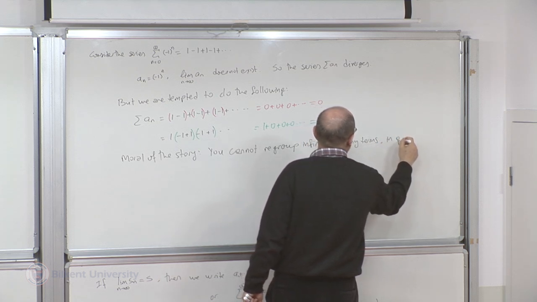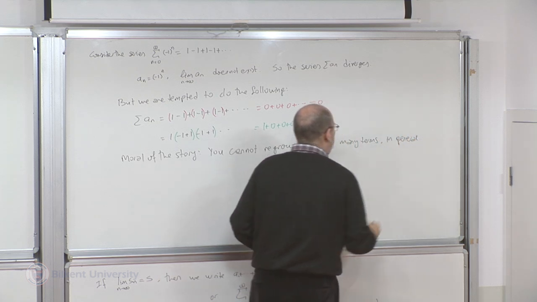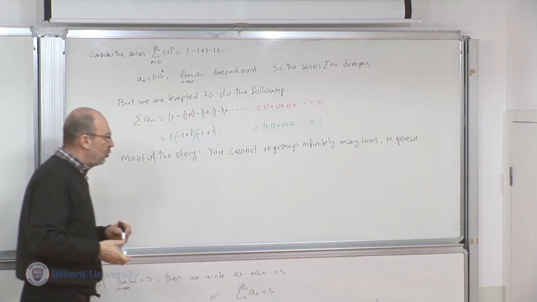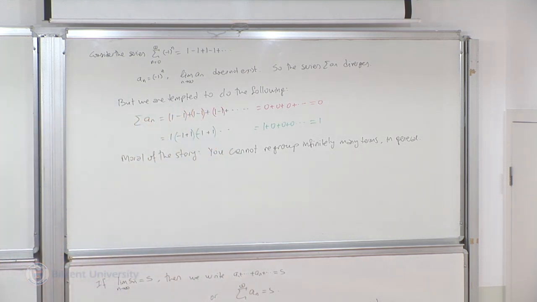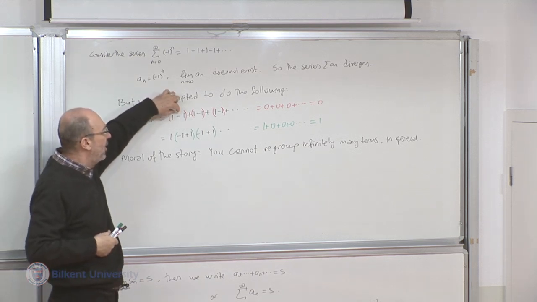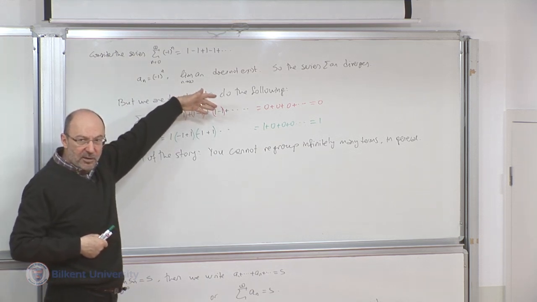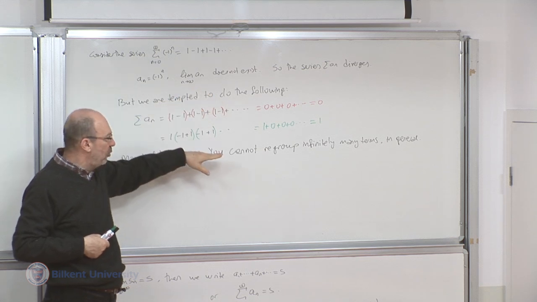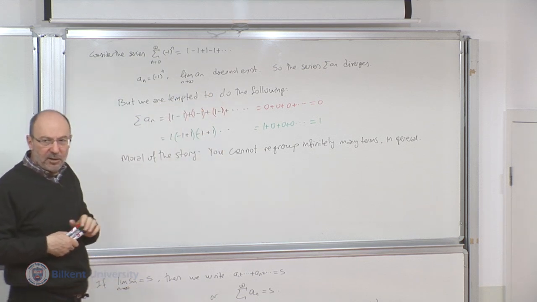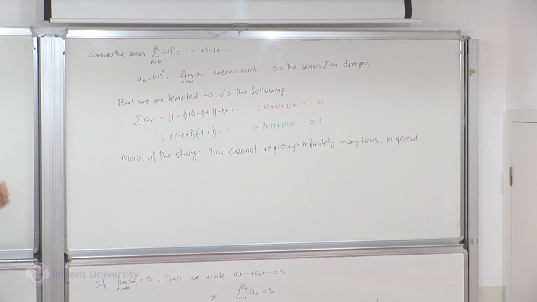Let me say in general, because next week we will see under which condition you can do this. You are tempted to put these parentheses because you see it's very easy here. Now I immediately obtain an answer. So we want to know when putting parentheses is allowed. We'll do that next week.